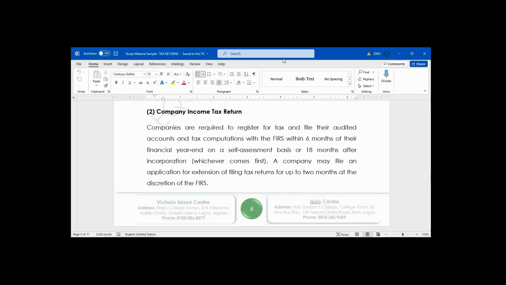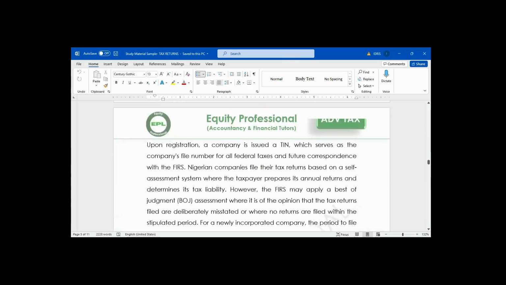But if it is an existing company, they will file company income tax return within 6 months after the end of the accounting year. So that is company income tax return.